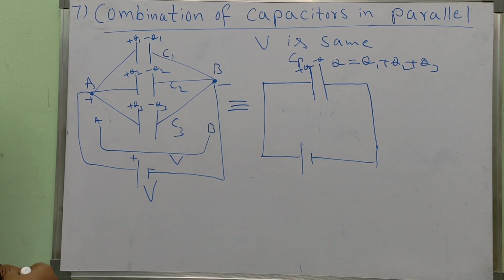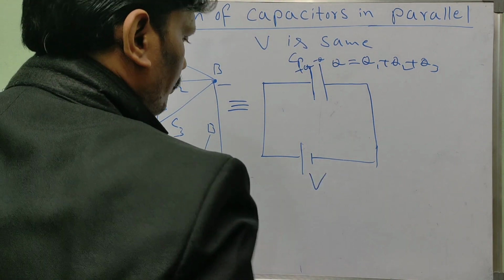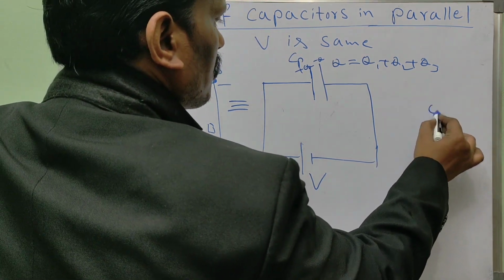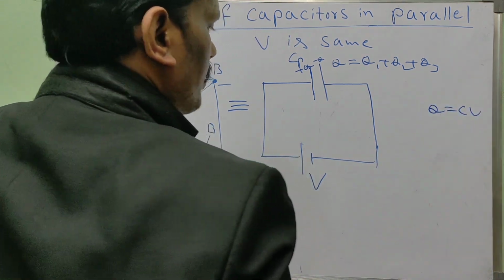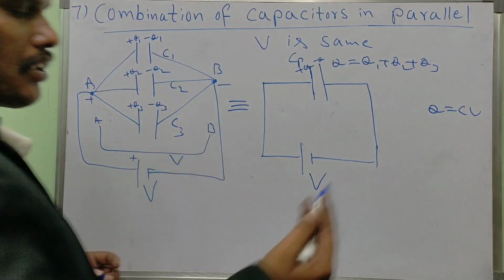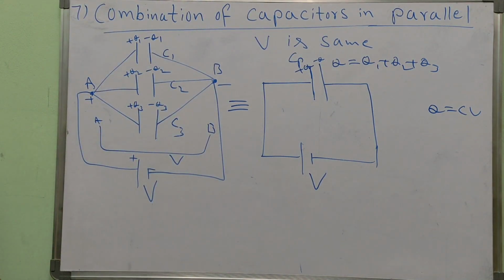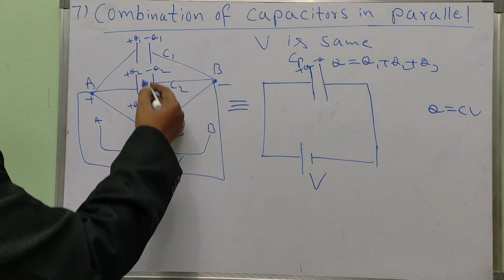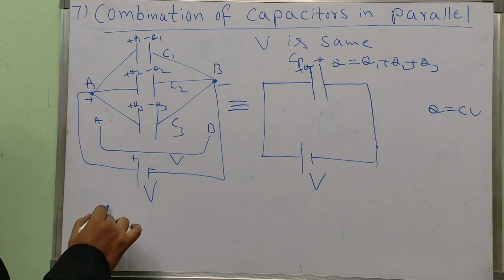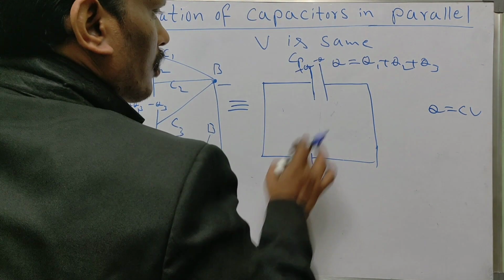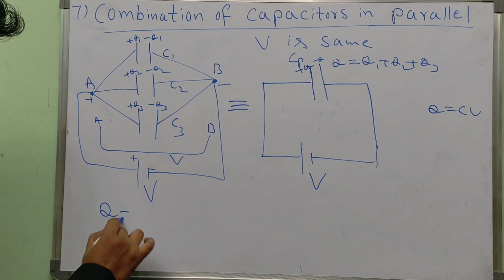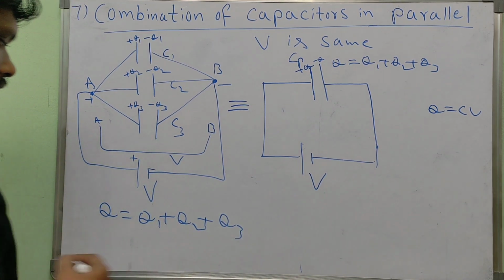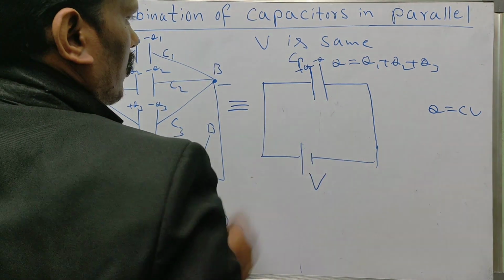And what is the voltage? V. We already know that Q is equal to CV. By adding these three charges, we get the charge Q. Q is equal to Q1 plus Q2 plus Q3, the total charge on the equivalent capacitance.